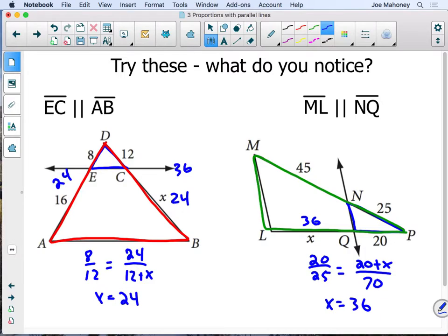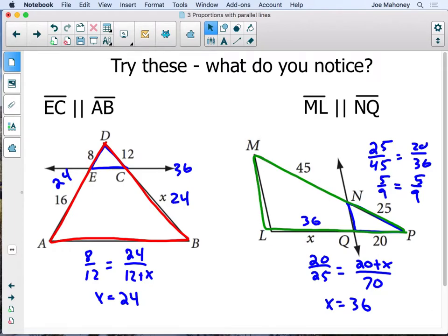And if you take a look at 25, what do you multiply 25 by to get to 45? I don't know. But if you think about the ratio of 25 to 45, if you do that in your calculator and compare it with 20 over 36, or even if you just reduce those, okay, 25 and 45, I can divide by 5 and I get 5 over 9. 20 and 36, if I divide them by 4, I get 5 over 9.